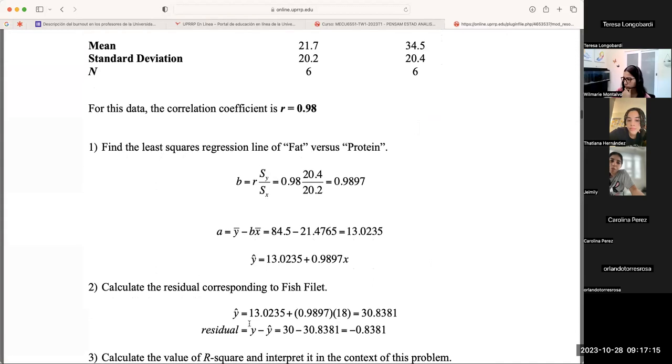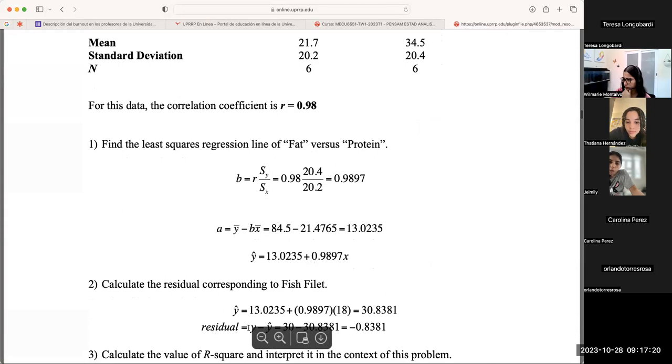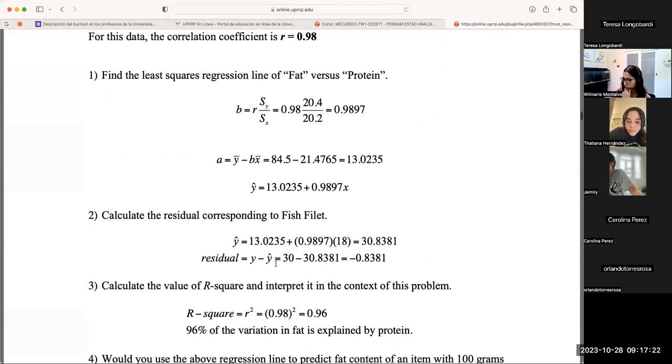Sí, la segunda parte. No sé porque es Y menos Y. The formula, yeah, here, we always subtract observed minus predicted.